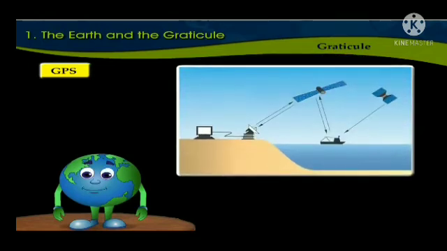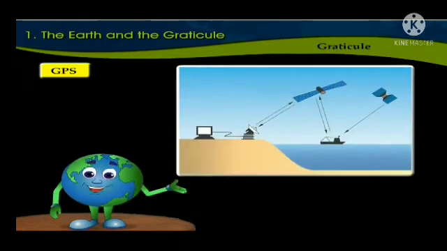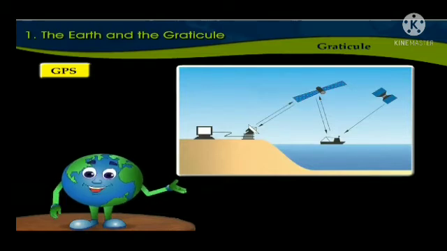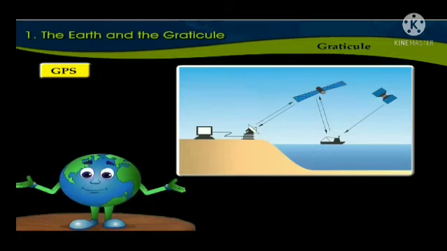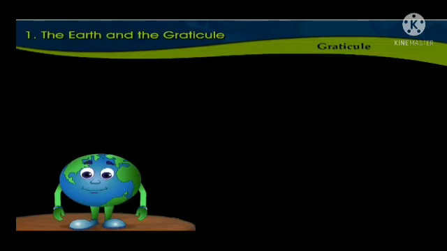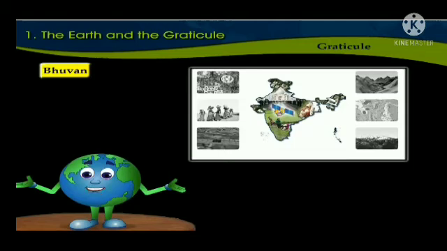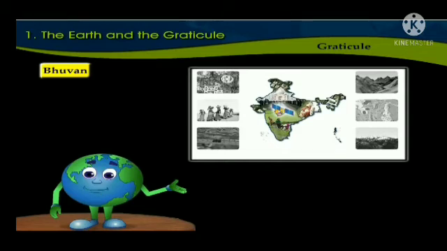GPS. GPS is the technique which uses the GIS system for determining the location of any place on the earth with the help of computers and artificial satellites. Next one is NavIC, the database created by the Indian government on the basis of the technique of remote sensing and computer technology.